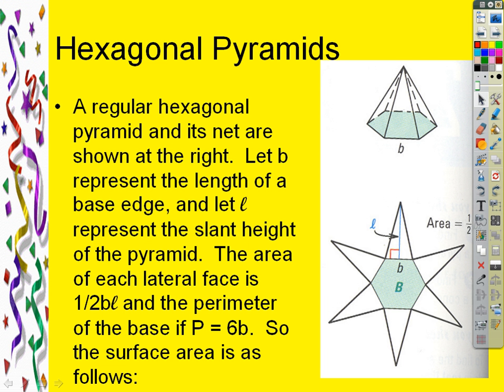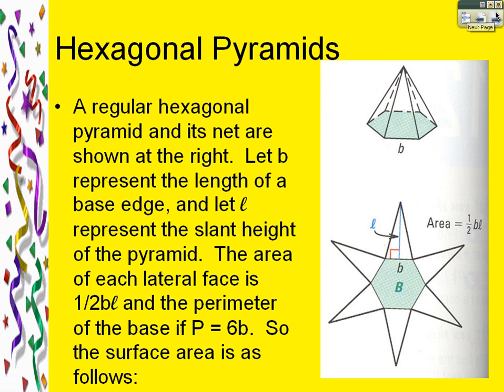Well, one thing that's kind of nice, I want to point something out here. Notice that if I forgot the formula on the SAT test, they'll probably give it to you anyway, but what if I didn't have the formula? I could always just add up the faces one at a time and get the answer, right? If I unfold this thing, if I were to cut it along the lateral edges and unfold it, we call this a net, I could take each of those 6 triangles, they're all congruent, right?